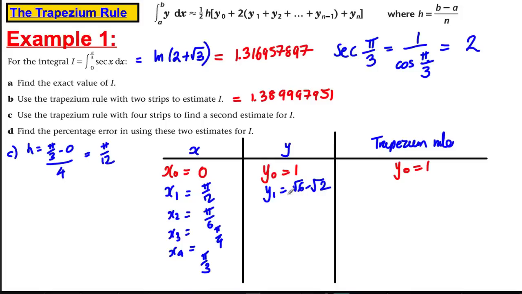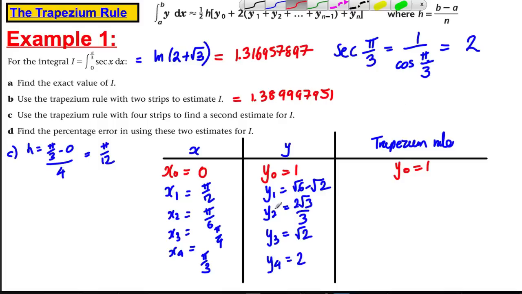And then we're going to type in 1 over cos of pi by 6, and our calculator gives us for that y2 is going to be 2 root 3 over 3. And then we're going to get y3, we're going to type in 1 over cos pi by 4, which we're going to get root 2. And lastly, we're going to type in 1 over cos pi by 3, and we're going to get 2.